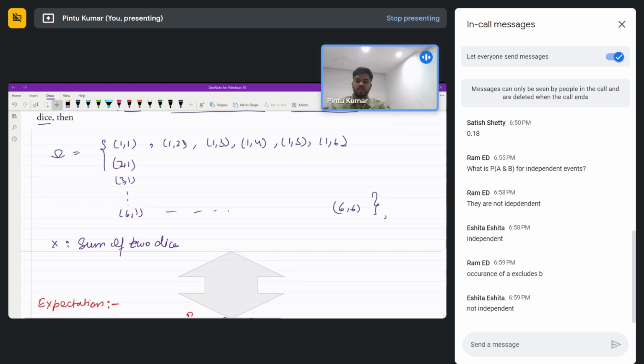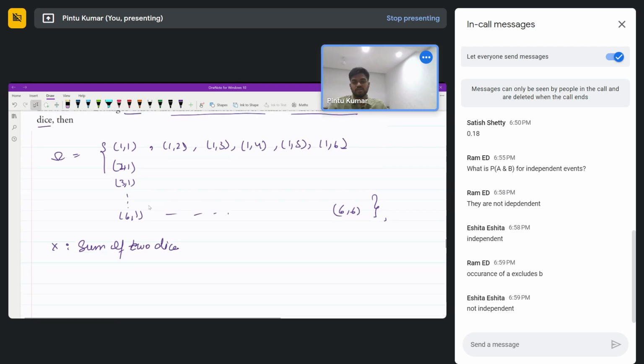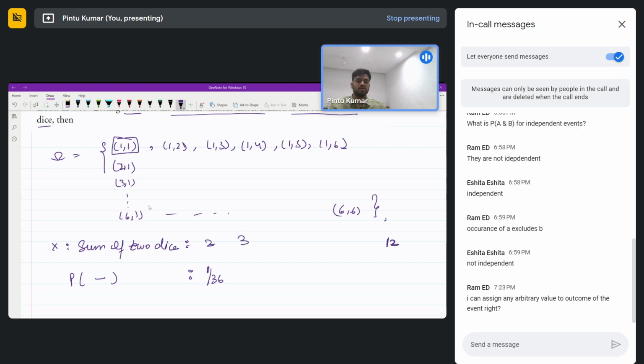The minimum value is 2, when you sum 1 and 1, and you can go all the way till 12, right? So you now also have some associated probabilities. What is the probability of x being 2? You have only one possible outcome, so this would be 1 by 36. What is the possibility for the sum being equal to 3? You have two possibilities now, right?